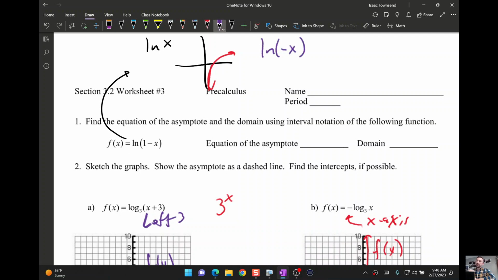Because of the negative on the x, that's going to flip it over the y-axis. And then the one I'm most worried about is this positive 1 is like adding 1 to x, which normally goes left 1.